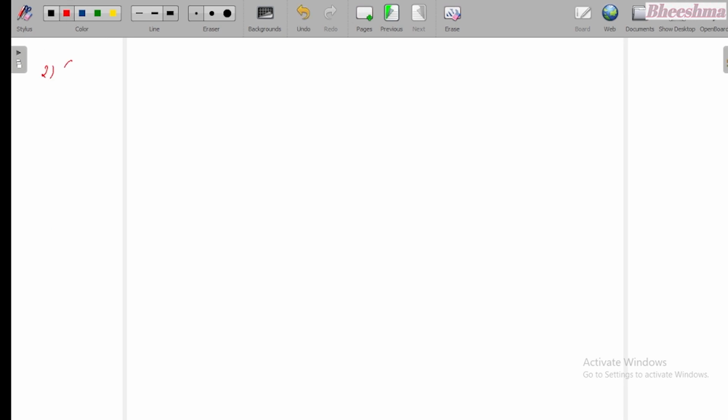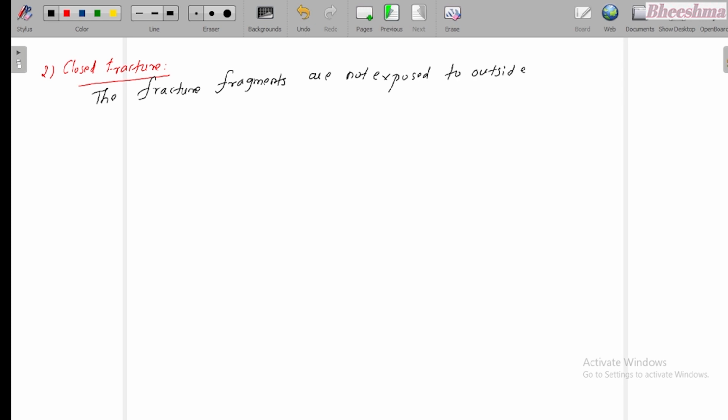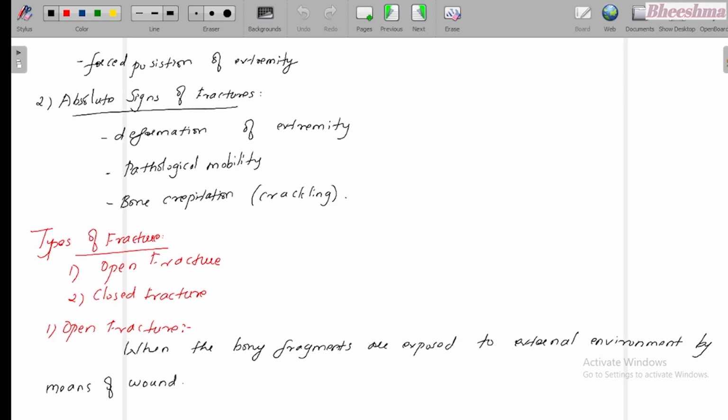The next one is closed fracture. The fracture fragments are not exposed outside. But in case of open fracture, the bony fragments are exposed outside.